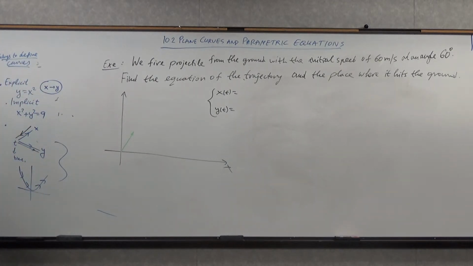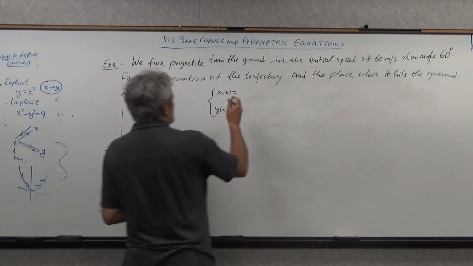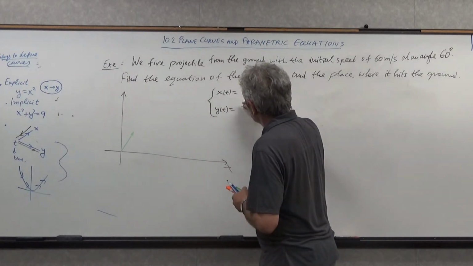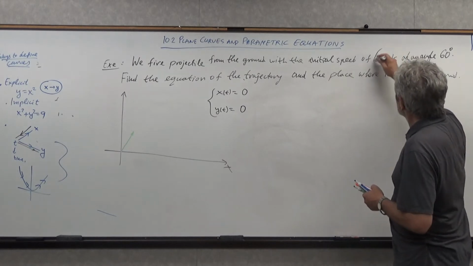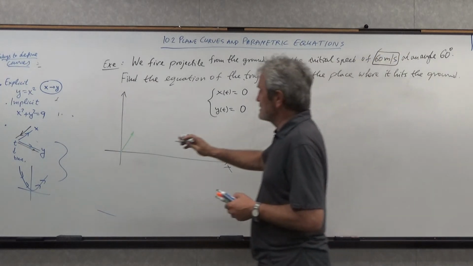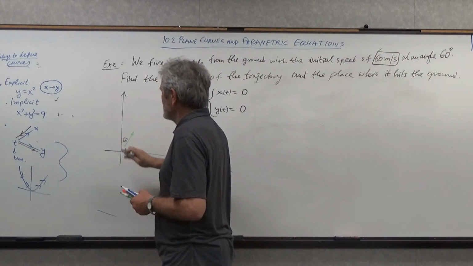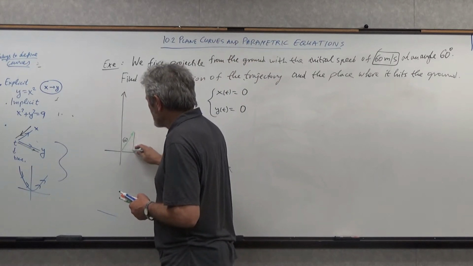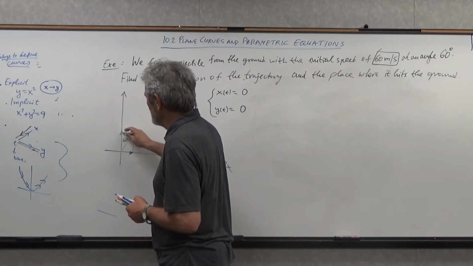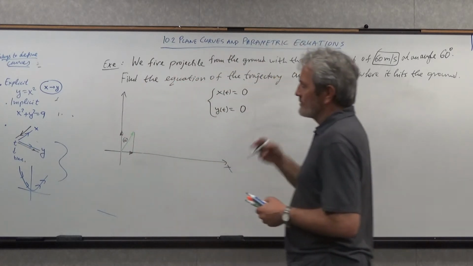So what happens is the following, that initial position is here, so here is a 0 and 0. And then this initial speed of 60, it actually kind of splits into one component that goes horizontally and one component that goes vertically.